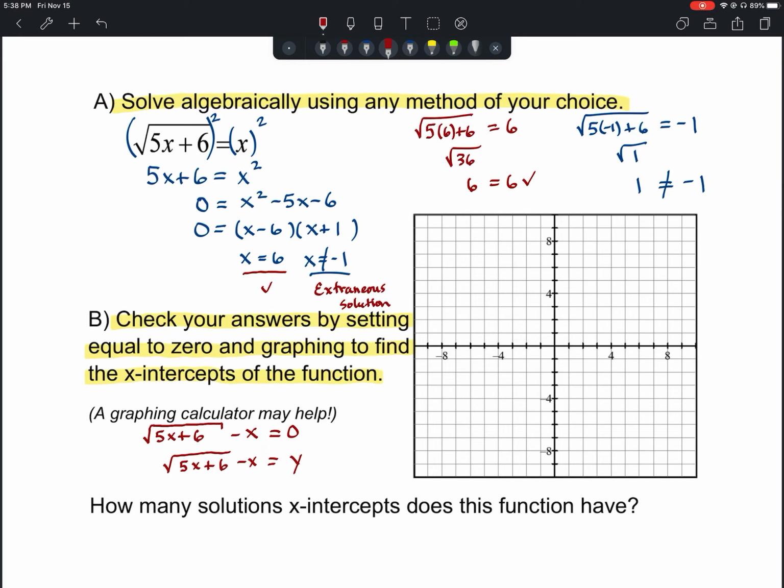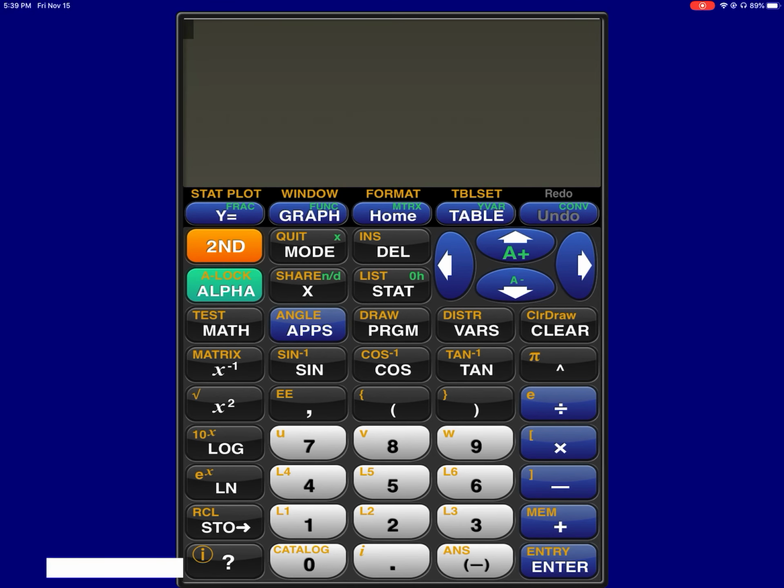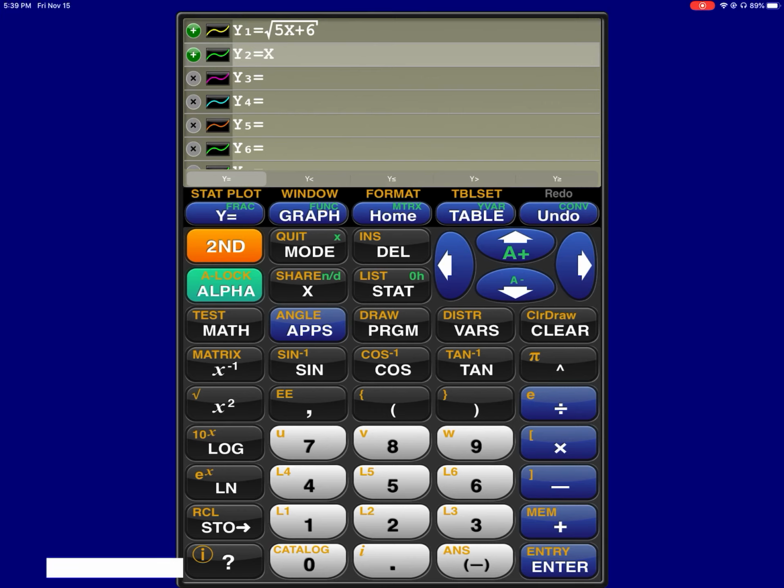We're going to use a graphing calculator for this one because we've not graphed square root functions where we've got a coefficient on our x before. I have a graphing calculator set up here, and I need to delete out some earlier work.